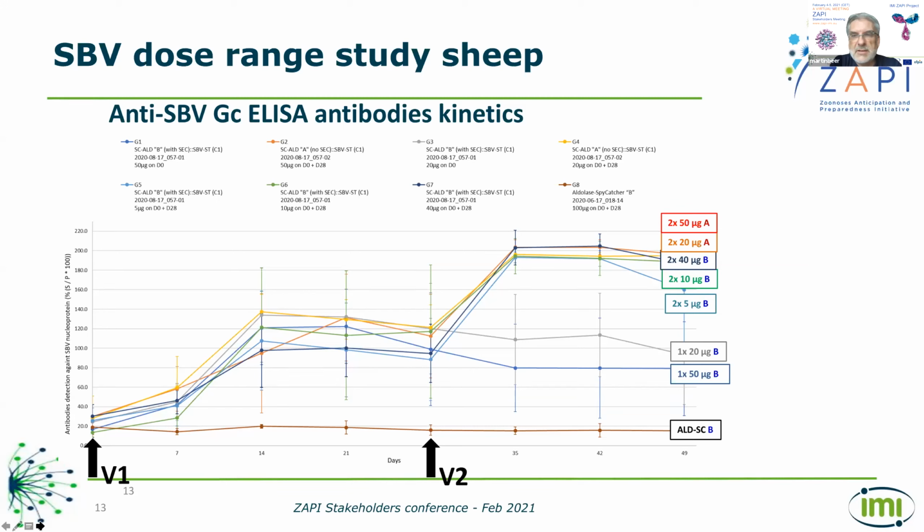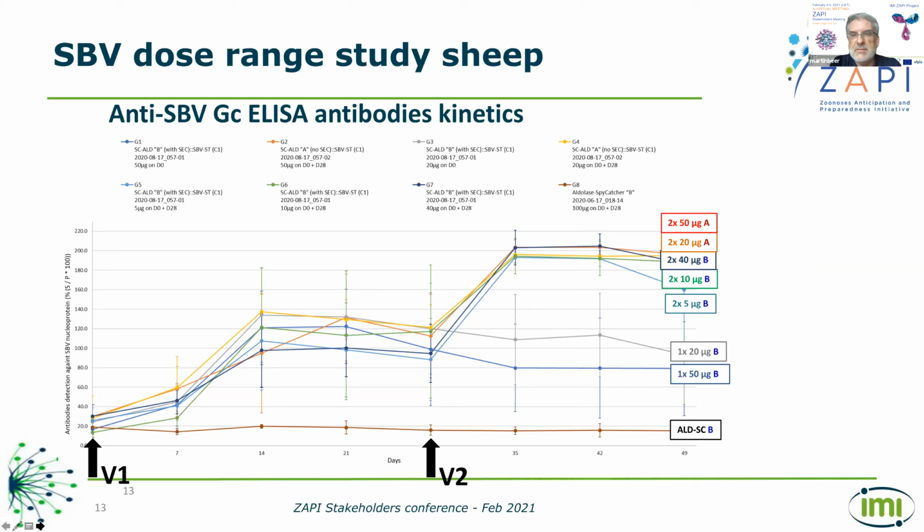So there's no big difference after the first shot, and it's clear there is again a booster if you have the second shot, but also here the booster effect is more or less not markedly different. So I think there is no significant difference between the different dosages.